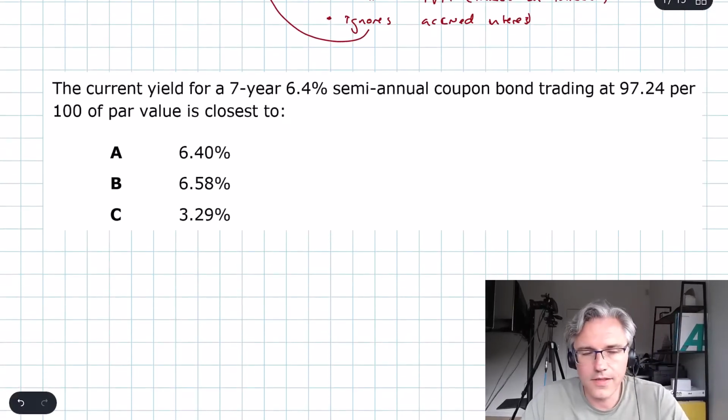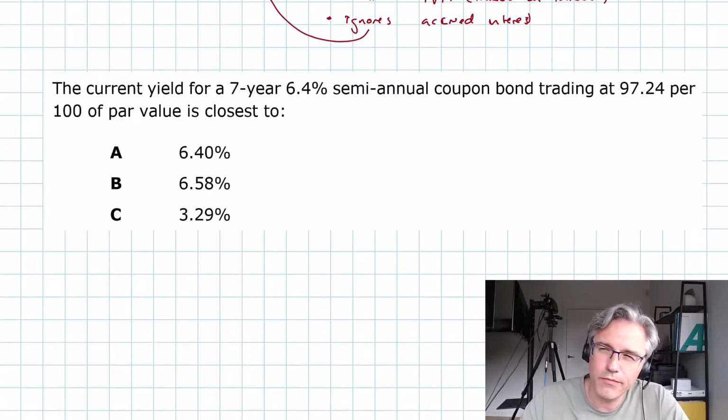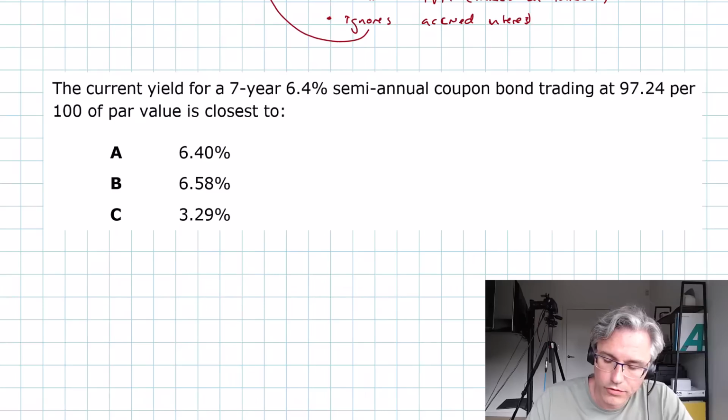Right, a very simple calculation, a question on this. This is the same setup as you had in a previous video where we computed the YTM, the yield to maturity for the first time. So, the current yield for a 7-year 6.4% semi-annual coupon bond trading at 97.24 per 100 of par value. Previously we calculated the yield to maturity using this data.